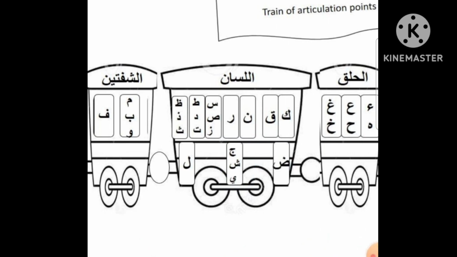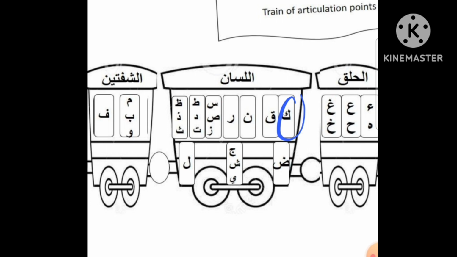So I taught you the letters. I will read from the first letter of the tongue, that is the letter Kaf. Then you have Qaf, Noon, Ra, Sin, Sod, Za, Ta, Dal, Ta, Dha, Zal, Tha.